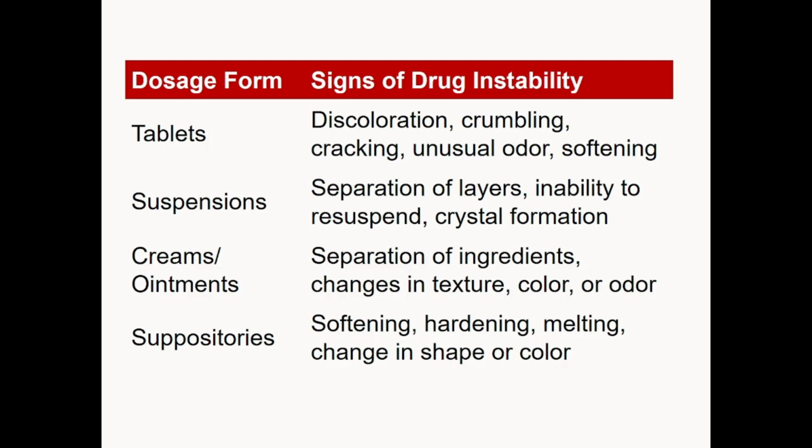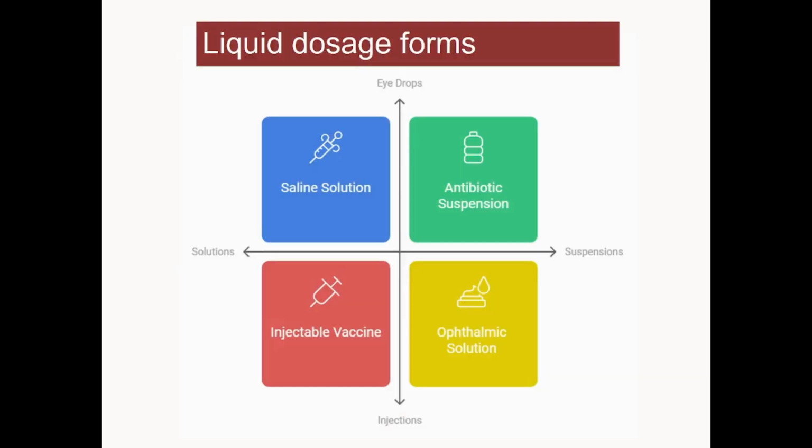Whereas with suppositories, signs of drug instability include suppositories being softened or hardened or melted at storage conditions, or change in the shape and color, also indicators of drug instability.